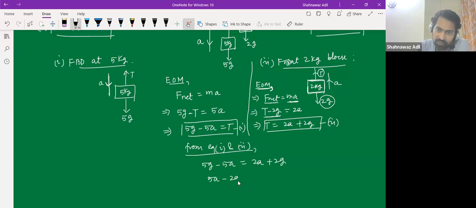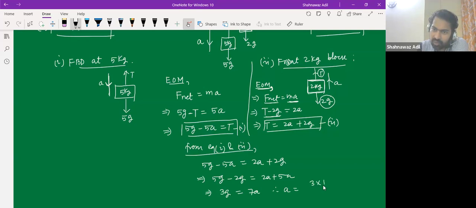So 5G minus 2G, and then this is 2A plus 5A. So this is 3G and then this is 7A. So A is 3 into 10 by 7. So this is 30 by 7.